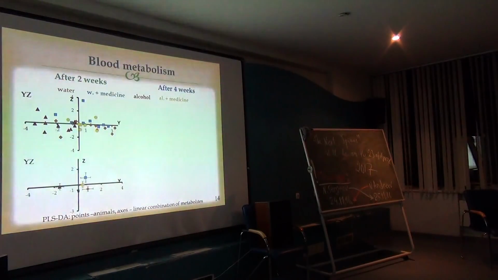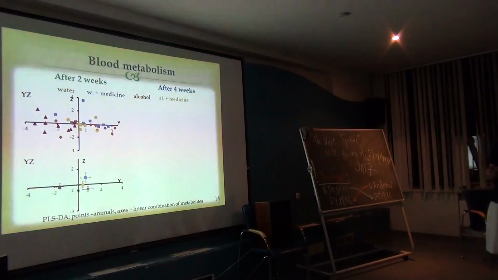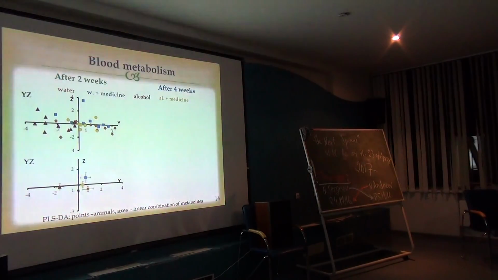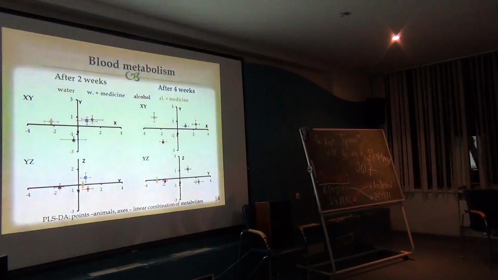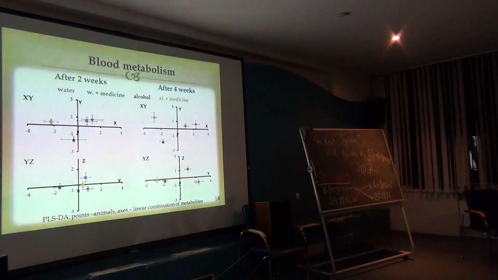Every color represents an experimental group, with the average mean and standard error. Here you can also see that after 2 weeks and after 4 weeks, the spatial separation is better. So the alcohol impact is increasing.